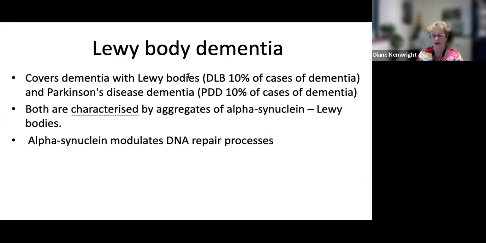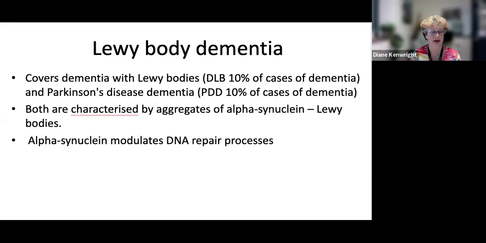They don't have Parkinsonian diseases, but they still have Lewy bodies. So true Parkinson's disease, the movement disorder, Parkinson's disease dementia, and dementia with Lewy bodies all have Lewy bodies caused by accumulation of alpha-synuclein. The normal function of alpha-synuclein is that it modulates DNA repair processes.